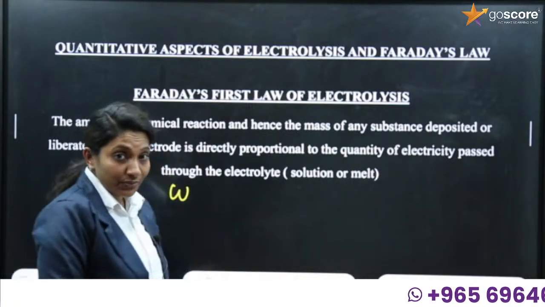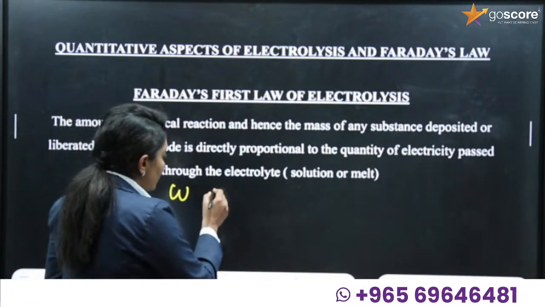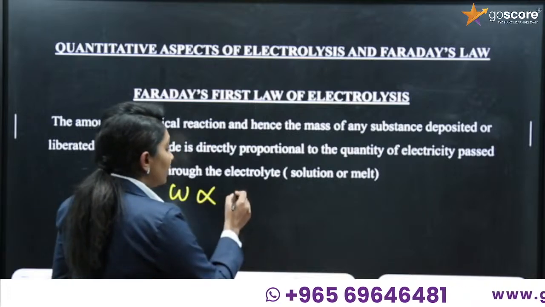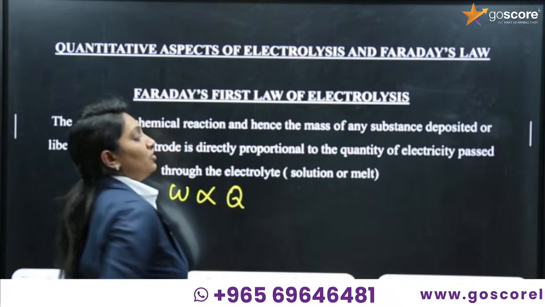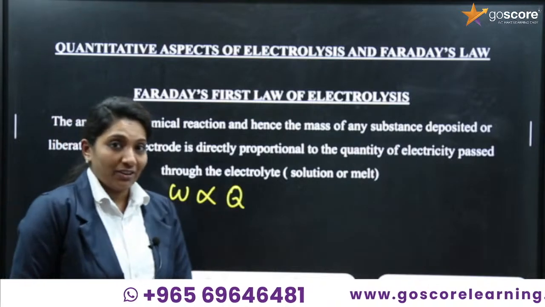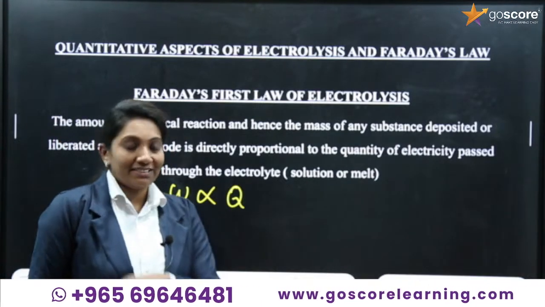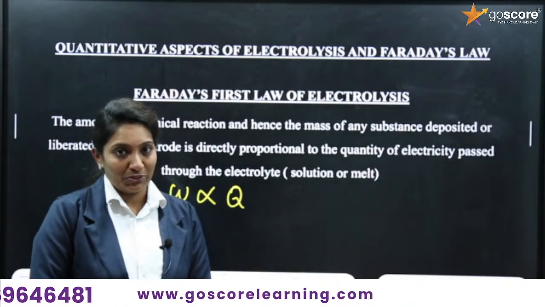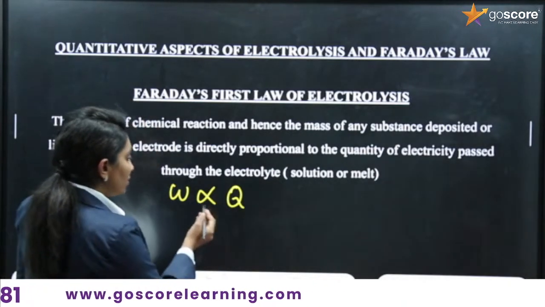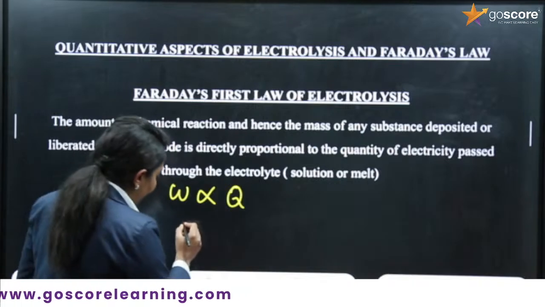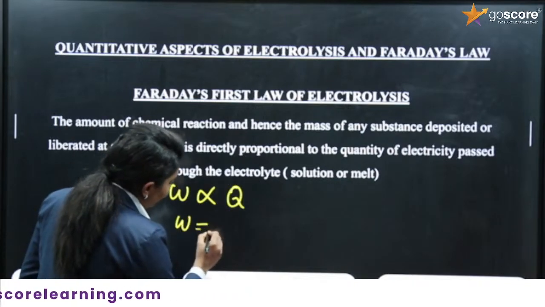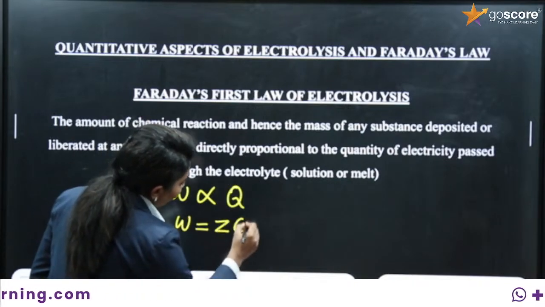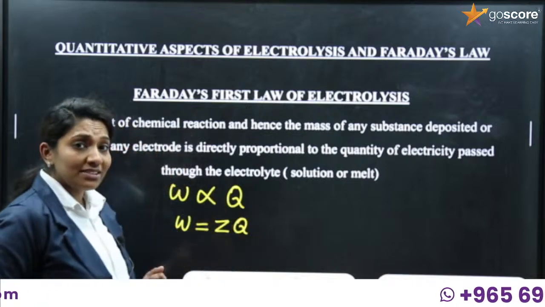According to Faraday's first law, this amount is directly proportional to the charge, or the quantity of electricity, that we have passed through that particular electrolytic solution. When I change this proportionality into an equation, I can write it as W is equal to Z into Q. Then what is the Z?